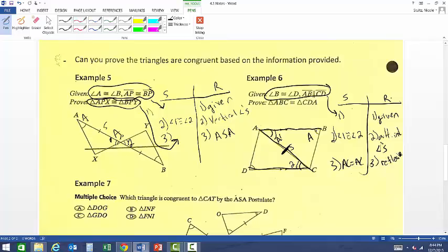I now have angle marking, side marking. So I can now say that the triangles are congruent by angle, angle, side.